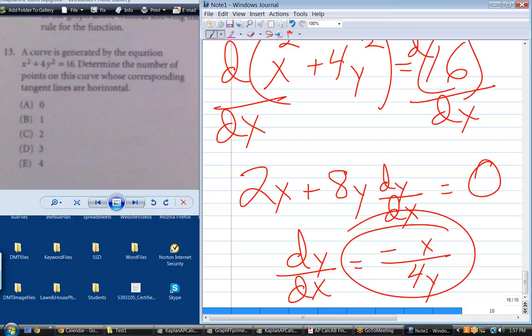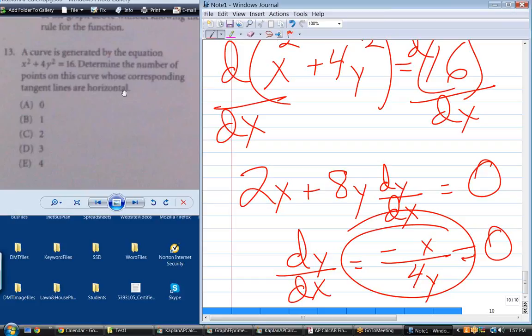When you have a fraction and you say that has to be equal to 0, it's only ever equal to 0 if the numerator is equal to 0. So x equals 0? Correct. And that's the only tangent line we have. That would make y equal 2 if you plug it back into the original equation.